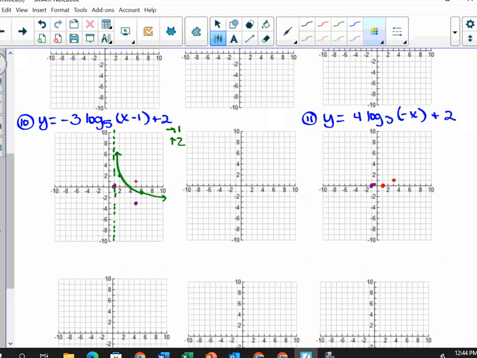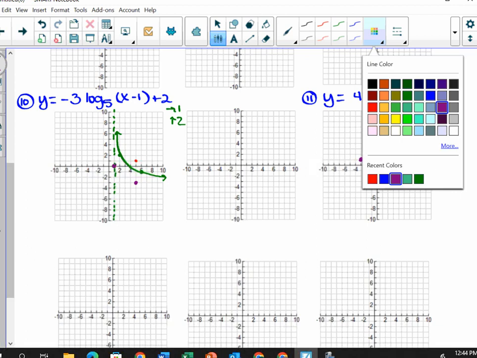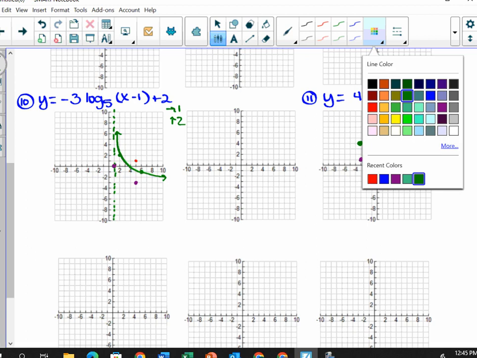So I'm over here at -1, 0 and -3, 1. Are we okay with that flipping? Then what is the 4 out in front doing? Multiplying what by 4? Y values. Okay. So negative 1, 0 is still negative 1, 0. Negative 3, 1 would become negative 3, 4. And then what's my final piece here?